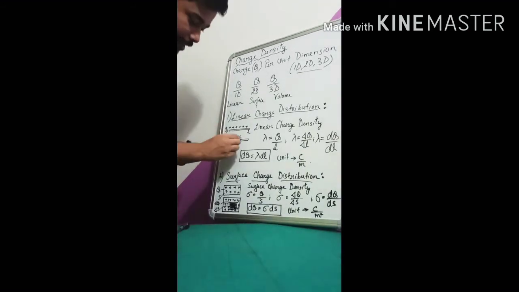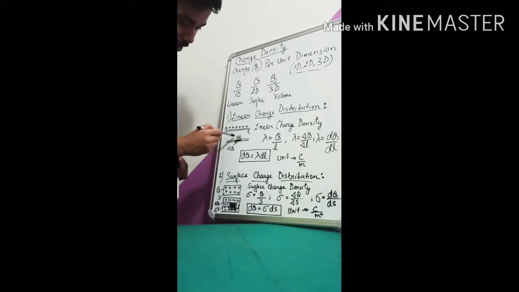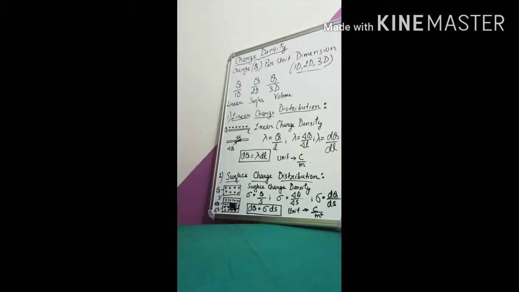If we consider a very small part or a very small element of length of the conductor, here I have denoted it as delta L. Delta L is a small length element of the conductor.